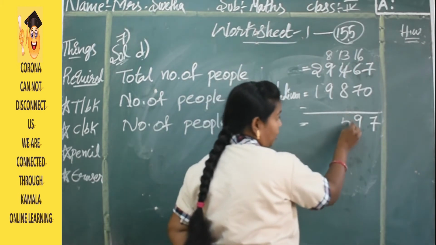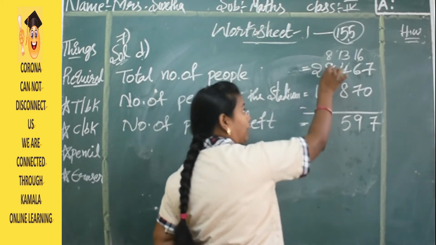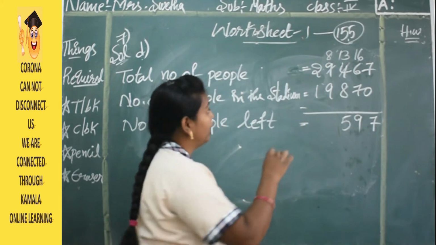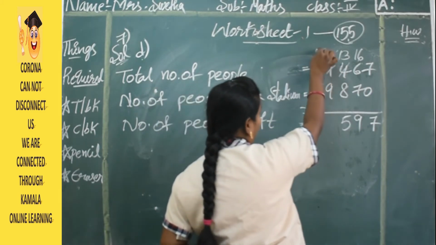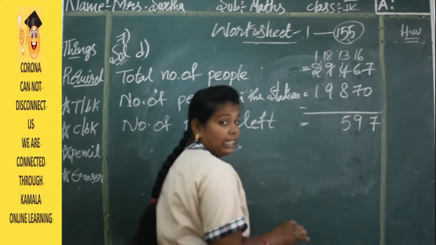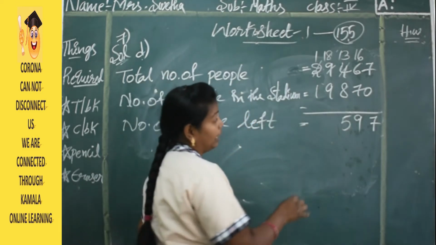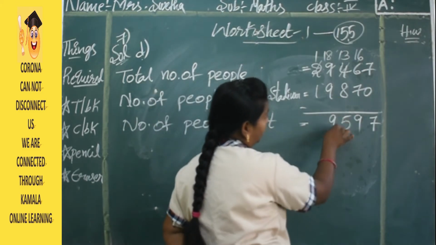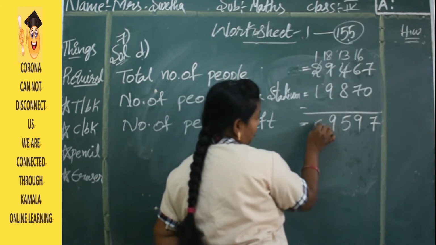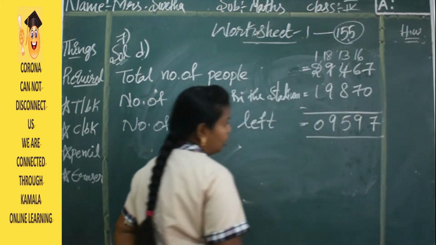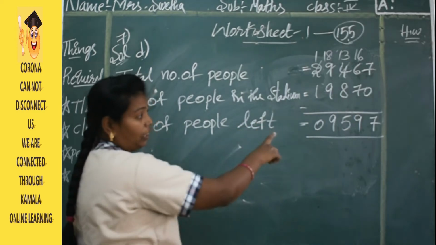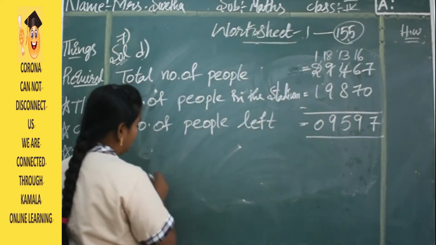It is 5. Now 8 minus 9 is not possible again, so from 2 you take borrow. So 1 is here and 18 is here. So 18 minus 9 is 9 again. 1 minus 1 is 0. So in total how many people left? 9,597.